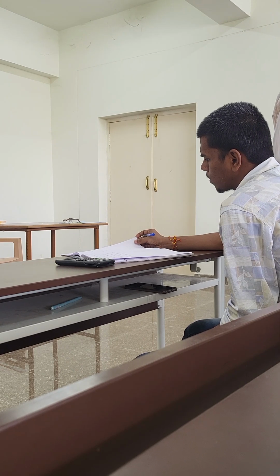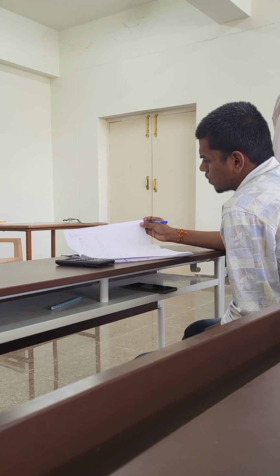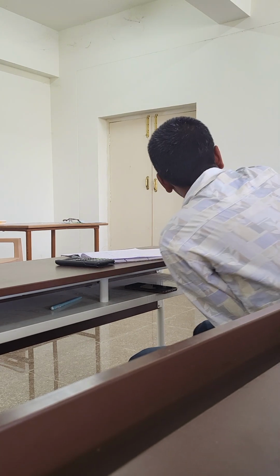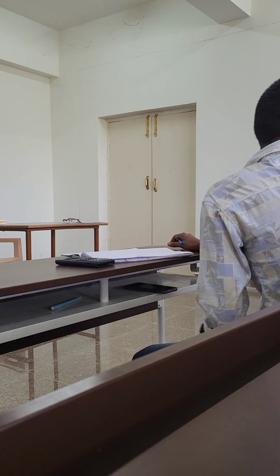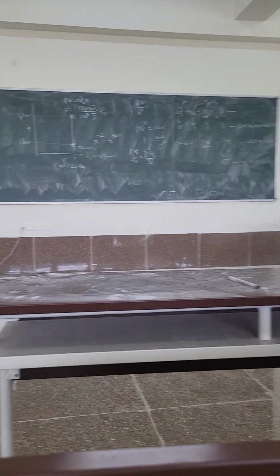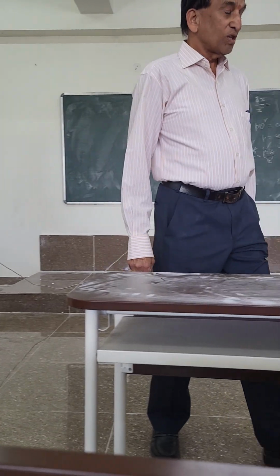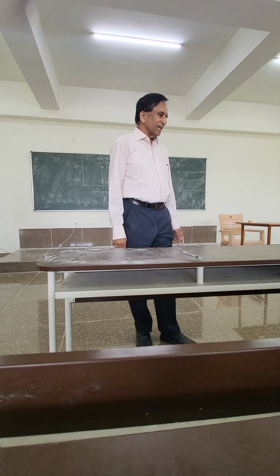300 times 8 is... Look again, temperature is 300 Kelvin. 8.314 into 300 by R into T. How did it come? 300 times 8, how much?